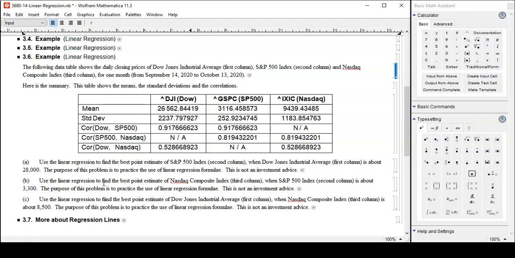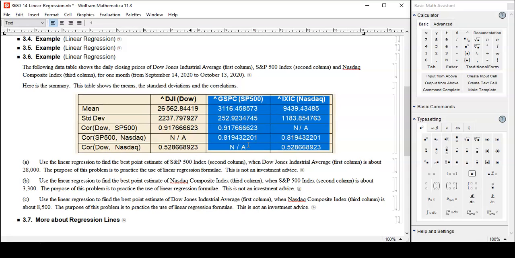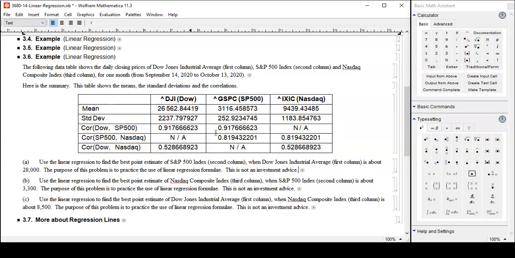For example, part A: use linear regression to find the best point estimate of S&P 500 when Dow is known. So this is X, and that's Y, and we are going to use this correlation. It doesn't apply to NASDAQ.